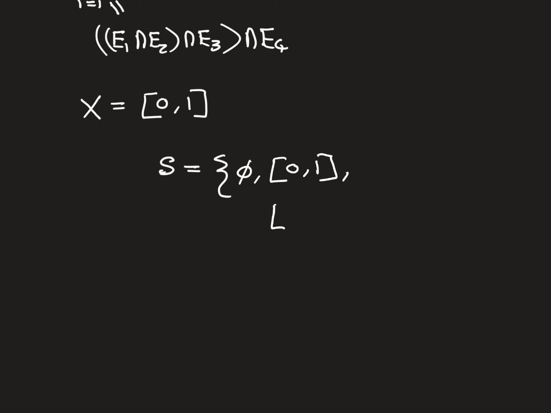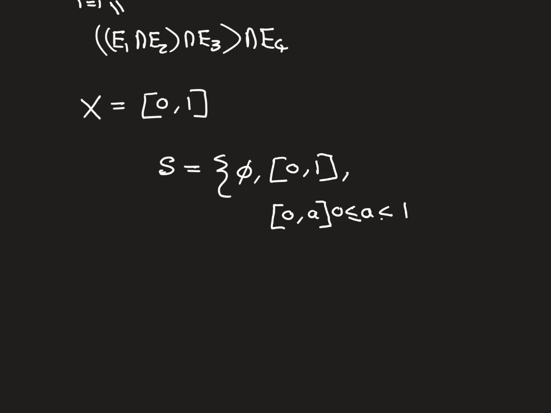all the intervals of the form 0 to A, closed at A. Yes, A can go from 0, so it's going to be greater than or equal to 0 and less than 1.